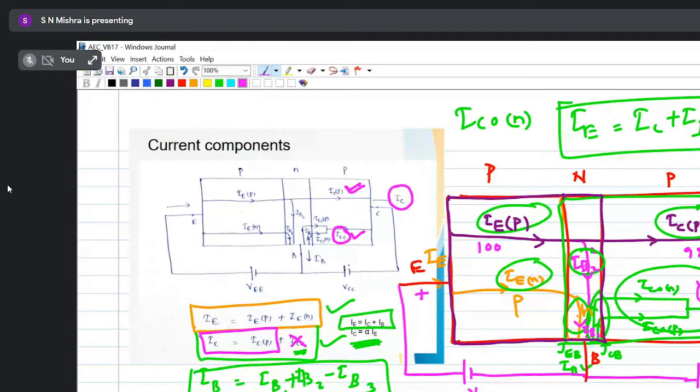Now tell me, suppose I'm sending 100 holes from the emitter and 98 holes are reaching here at the collector, then can I say I'm getting a fraction of the holes at the collector which is sent by the emitter?